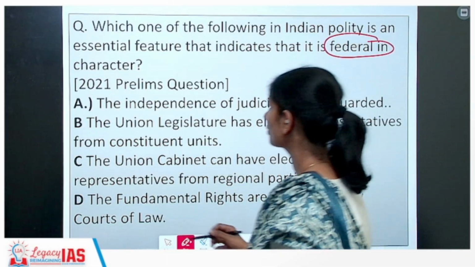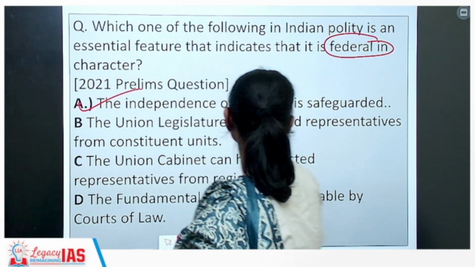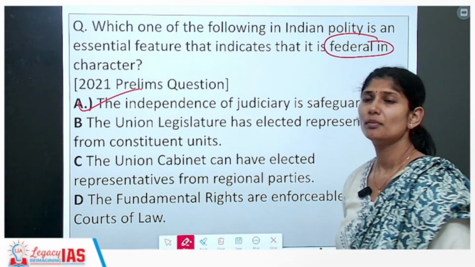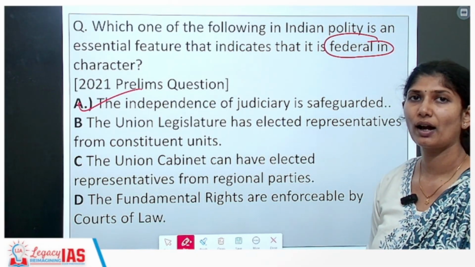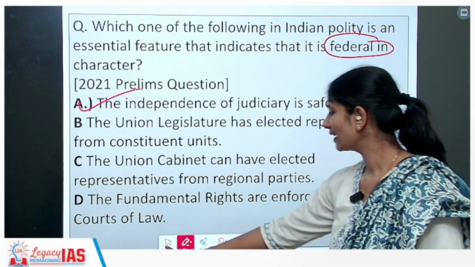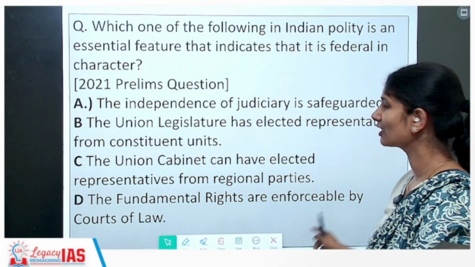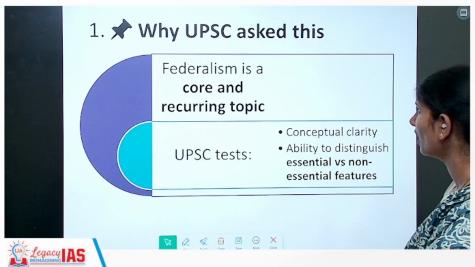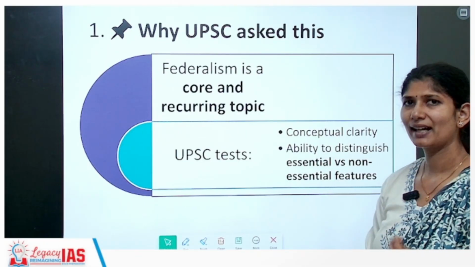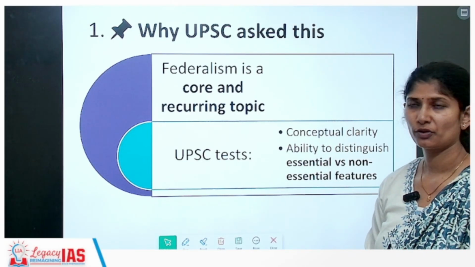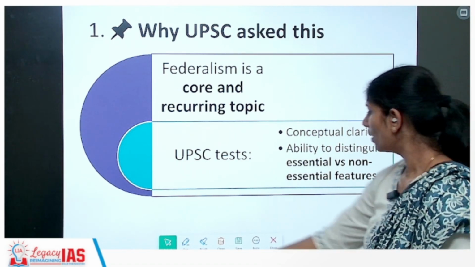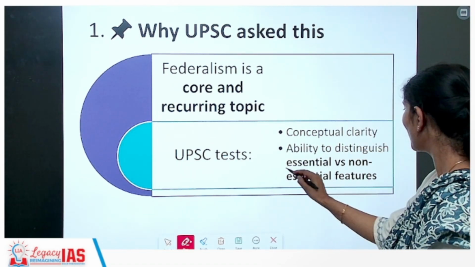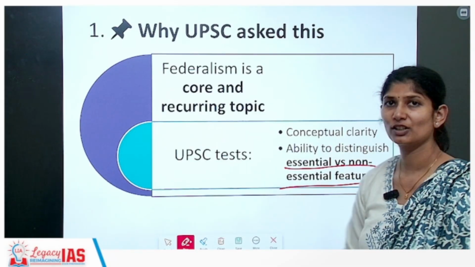Among all this, the core feature is the independence of judiciary is safeguarded, becomes extremely important for it to have or be called a federal feature, whether be it India's model or with respect to your US model. Why did UPSC ask this? Again, it is a core concept of your federal feature, and also first and foremost, essential versus non-essential features.